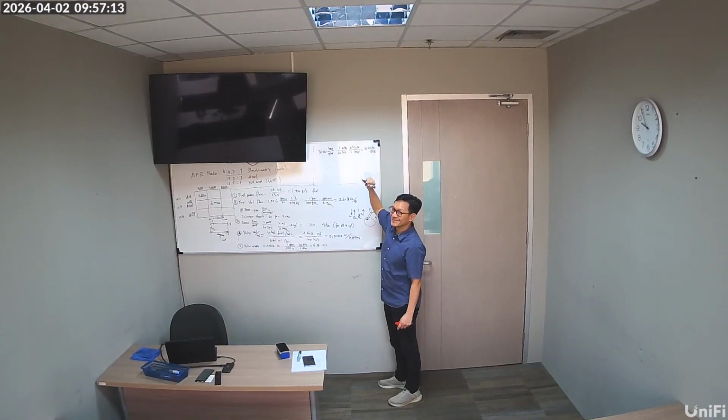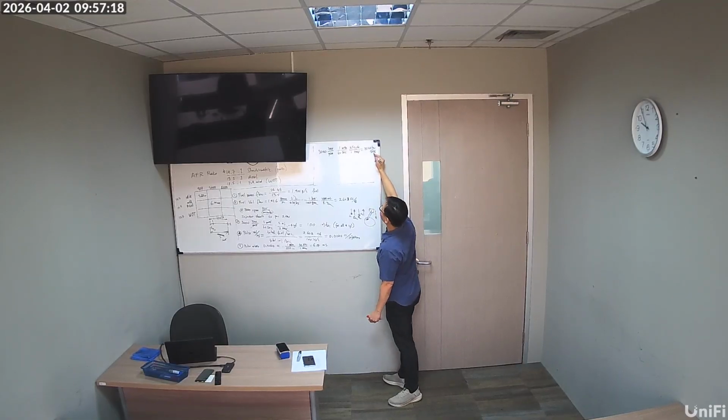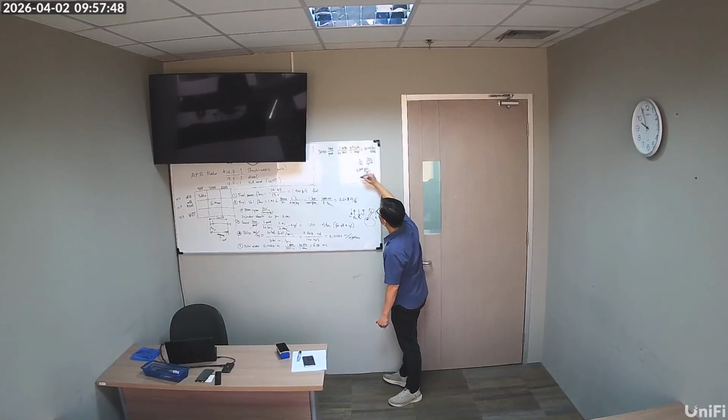We're looking for seconds per cycle or milliseconds per cycle. Seconds per cycle first. We just switch it around, inverse. Yes, 1/25, which is 0.04 seconds per cycle. So it's 40 milliseconds per cycle.